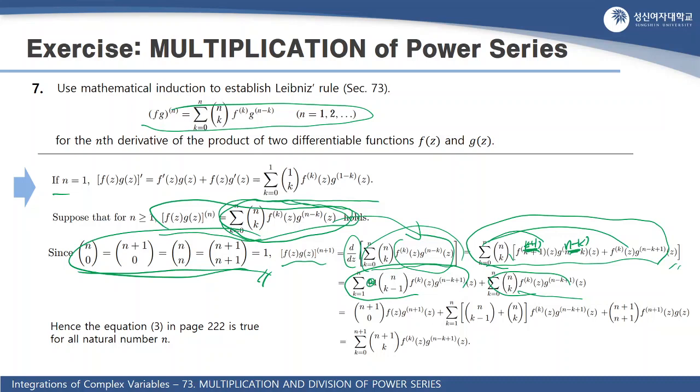Okay, and then we rearrange the index by pulling out the case of k equal to 0, and also from this, the case of 0 is expressed first, the next here.